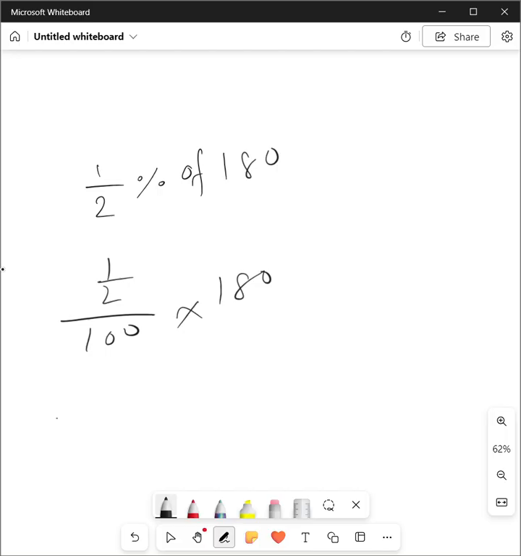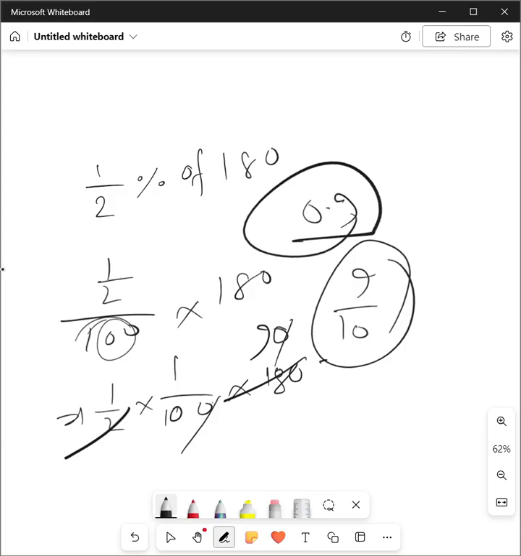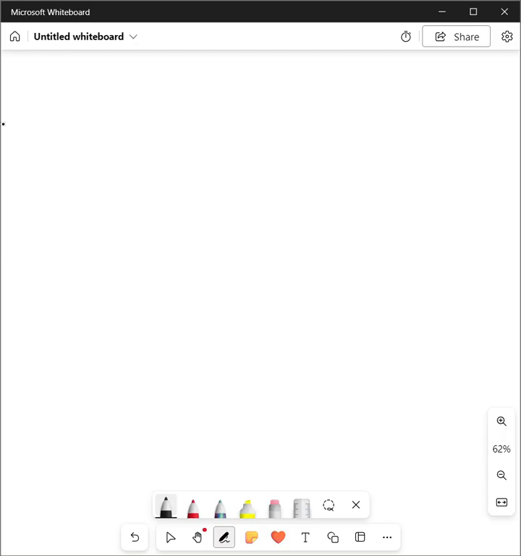So half, in the upper position, becomes 2 in the lower position, and 180 is always a term. Then crossing out, it will give us 90. 90 over 2 times 100. Then the zeros cross out, so what is this value? It will give us 0.9. So this is easy, we can solve it many ways, just clearing our doubts. Okay, so that is our answer.